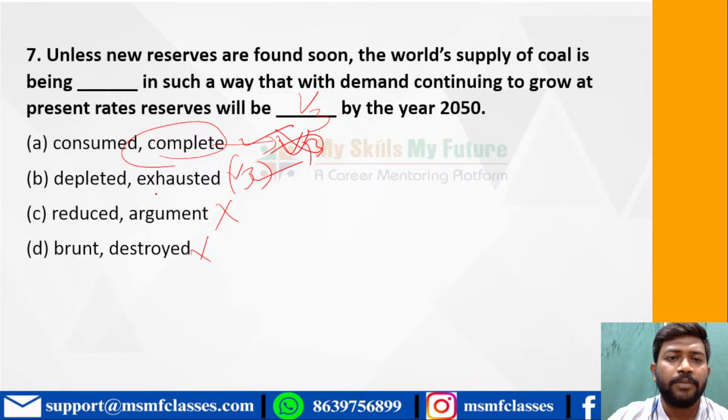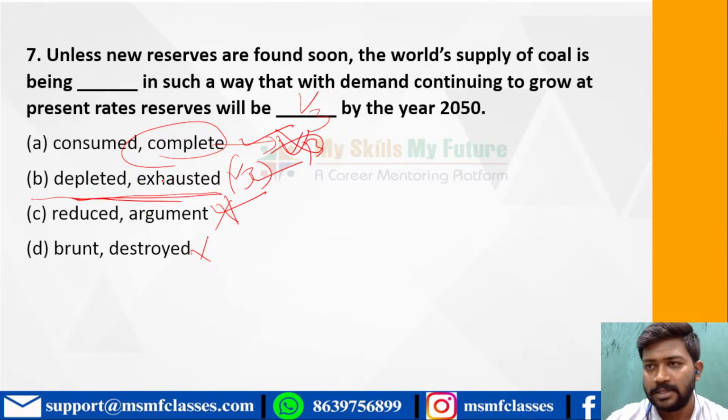And they have given argument also here. Argument is not suitable for blank 2, and destroyed cannot be used in blank 2. So go with only depleted as the answer. Depleted and exhausted, almost reduced also gives the correct meaning, but argument in the second blank doesn't make any sense. So you can eliminate options C, D and A. B becomes the answer.